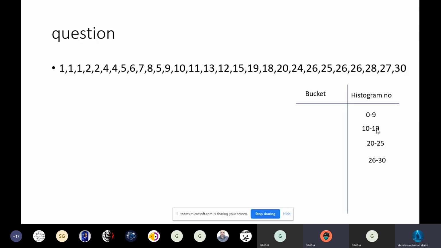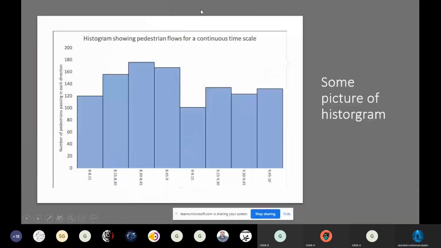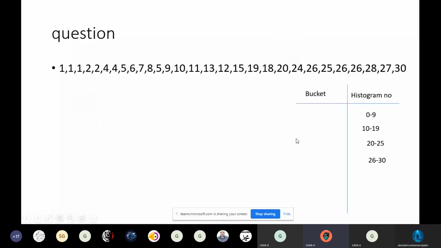Can you go to the example? Yes, here. You need to do the same as this one, okay? Can you explain it again? I did not know how to do it.